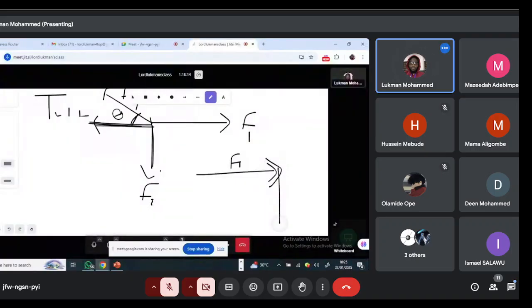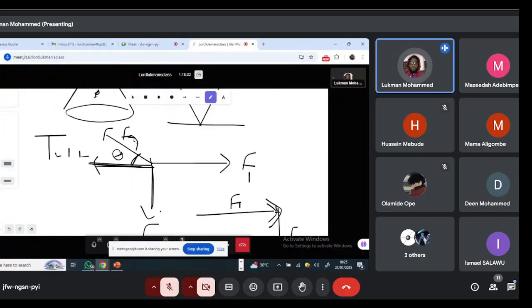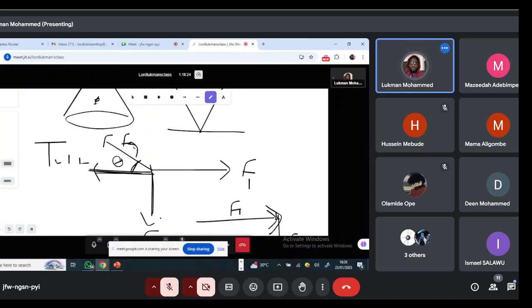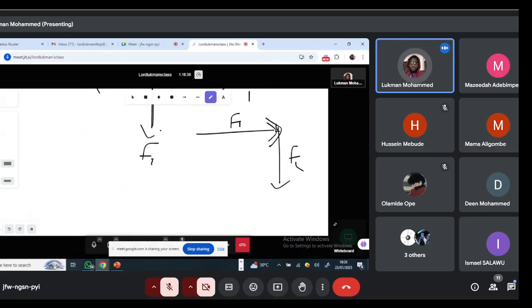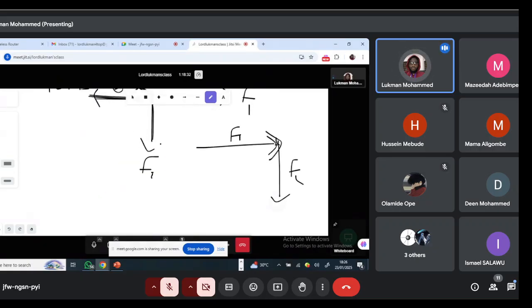This is its own tail and this is its own head. This is F2. Now F3: look at the direction of F3. F3 goes that way, right? And I must start it from where I stopped here. Yes, it's going to close. This is F3. You can see the three forces close.